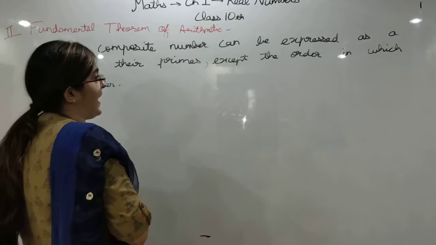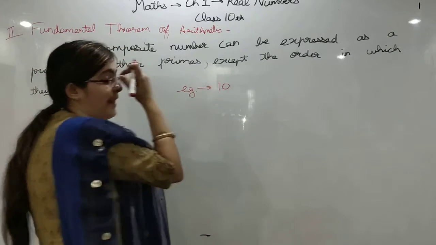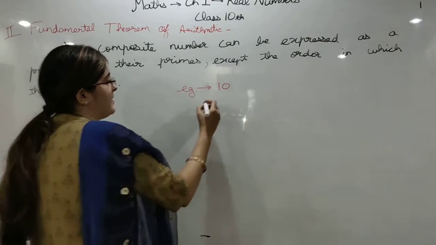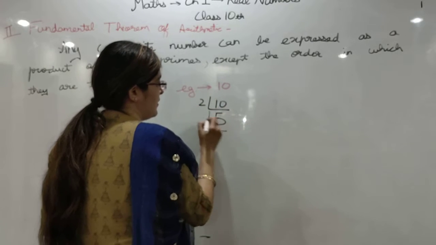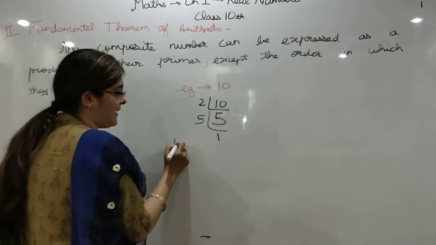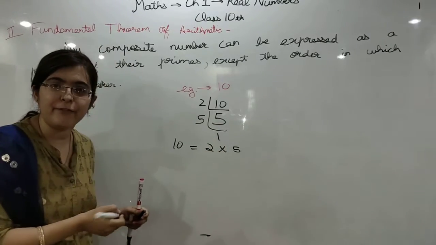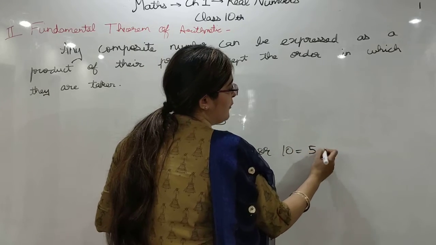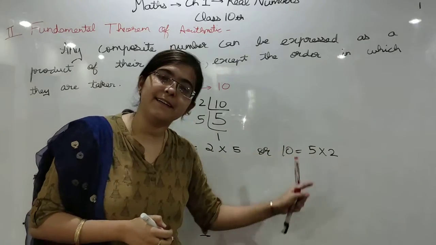Let's see one example. If I take 10, it is a composite number. I can write 10 as a product of its primes, 2 into 5, or 10 is equal to 5 into 2, except the order in which they are taken.